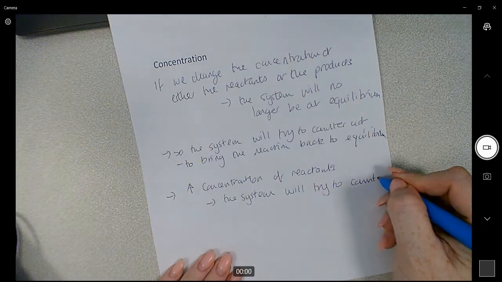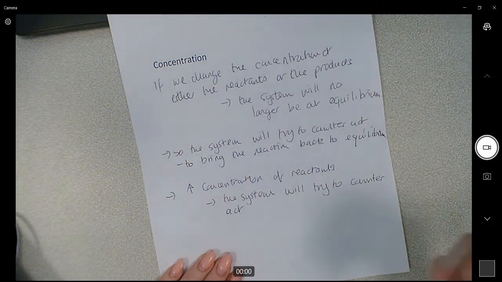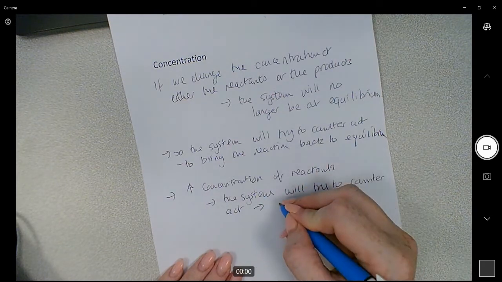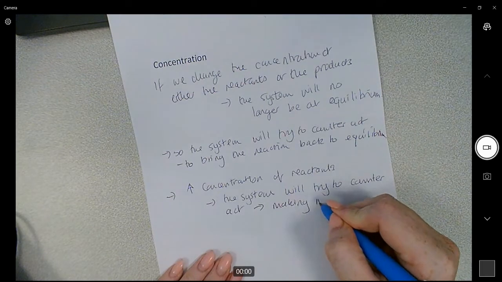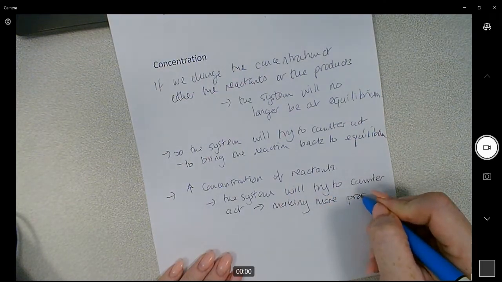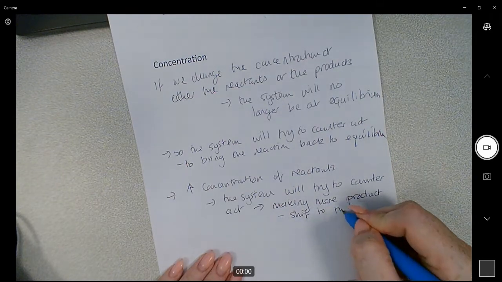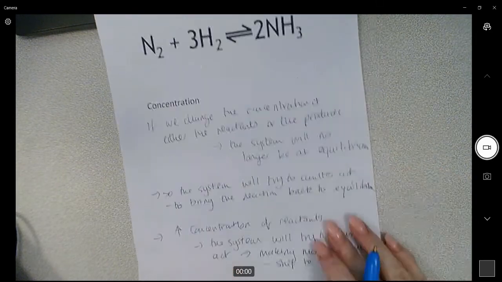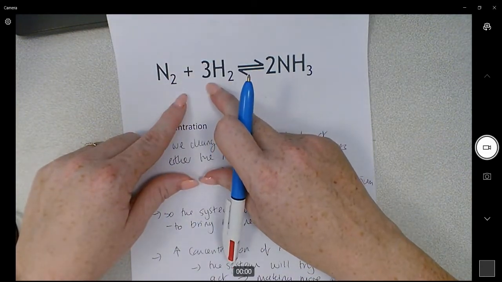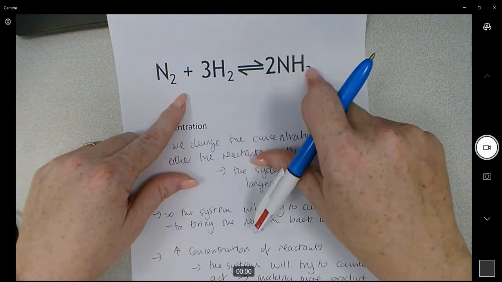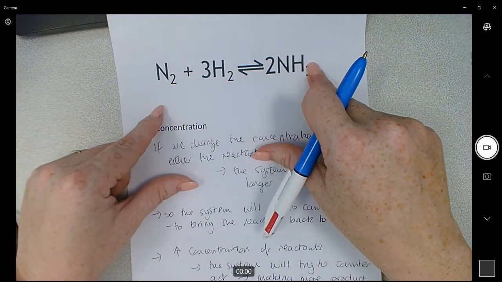It tries to counteract that. In other words, it tries to bring the concentration of reactants down. And as such, that means you'll make more product, and the equilibrium would shift to the right. So the concentration of these goes up. To counteract that, you're going to shift it to the right because you're going to therefore make more product to bring that back to equilibrium.